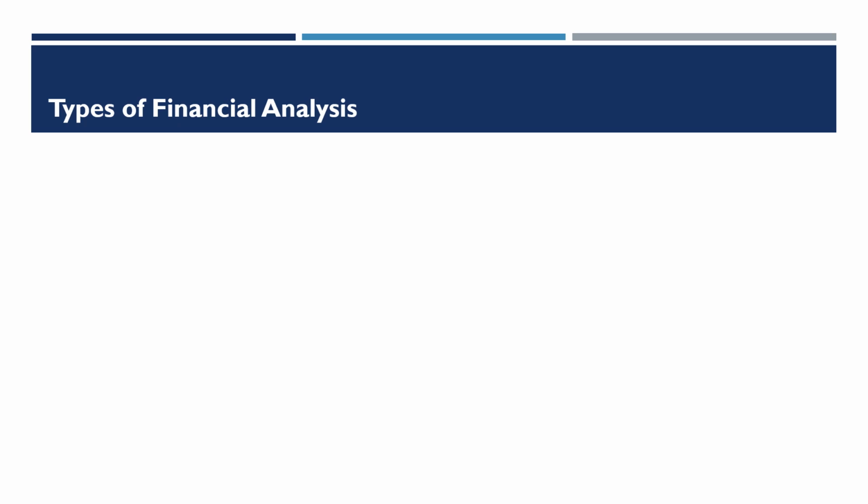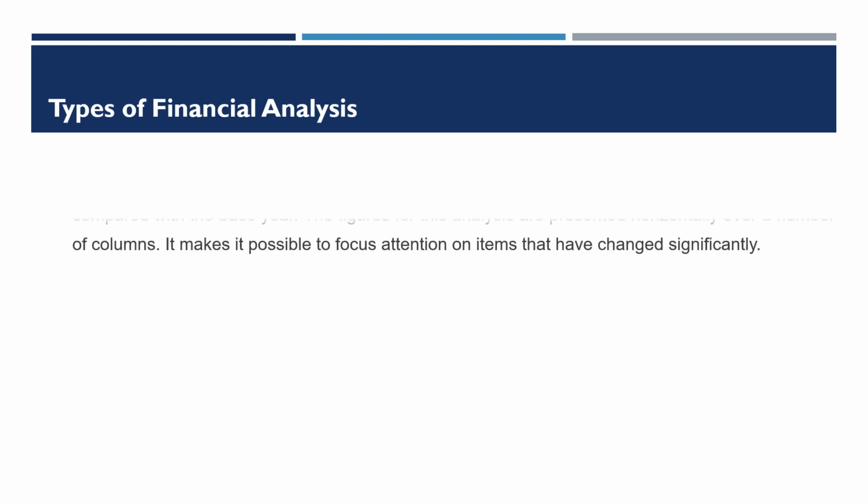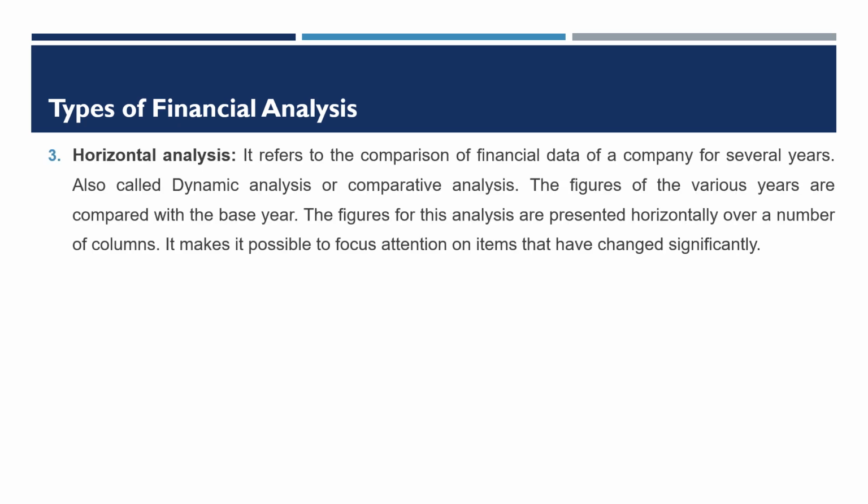Other than internal and external analysis, there are some more tools which can be used by financial analysts. The first one is horizontal analysis. It refers to the comparison of financial data of a company over several years. It is also called dynamic analysis as well as comparative analysis.